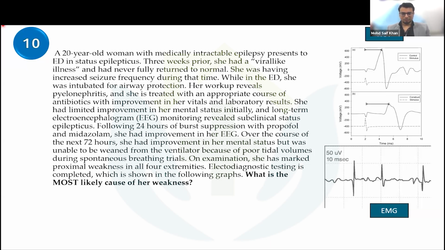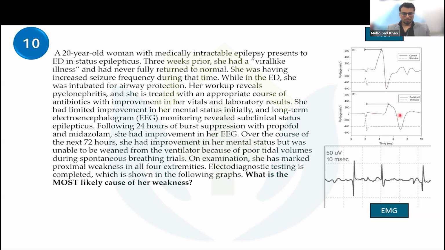So the diagnosis, I think all have answered well. The diagnosis is critical illness polyneuropathy. Polymyoneuropathy. So why do you say neuropathy? Because nerve conduction velocity is reduced, amplitude is reduced, and there is a delayed pattern here.